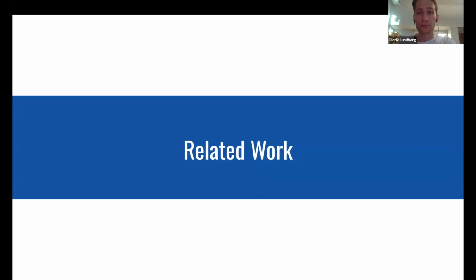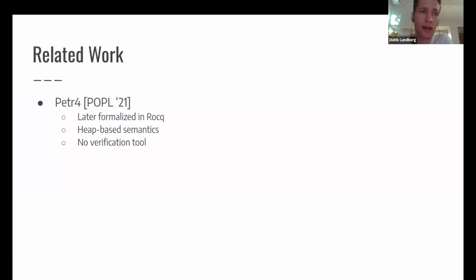So with all of that about HOL4P4 sorted, I just wanted to mention some of the other similar work that has been done. Firstly, Petr4, of course, is the first formalization of P4 and was originally written in OCaml and later written using the theorem prover Coq. Most notably, in comparison to HOL4P4, it's a heap-based semantics that more exactly mirrors the surface syntax of the P4 language.